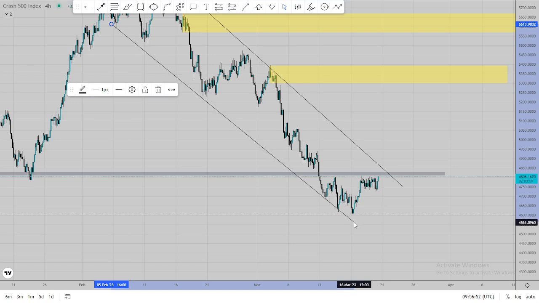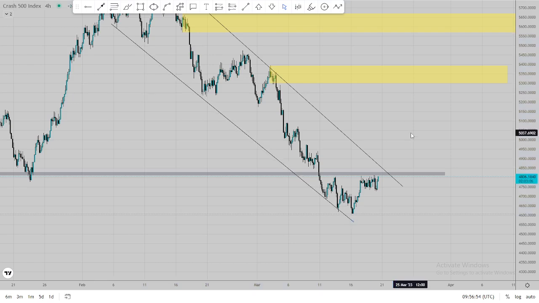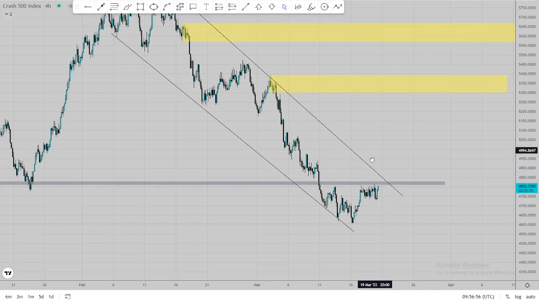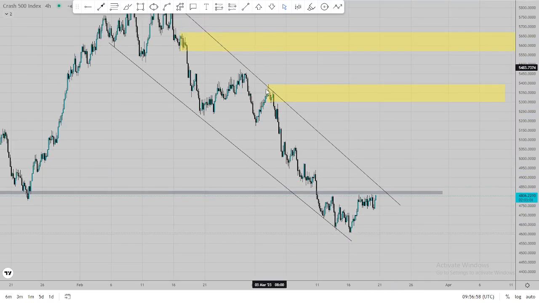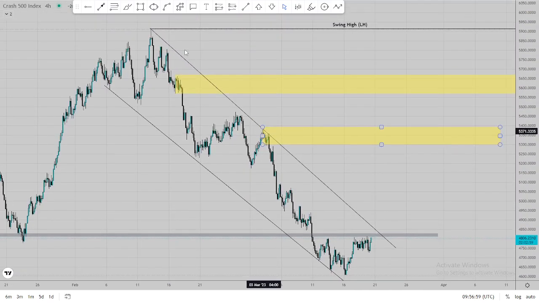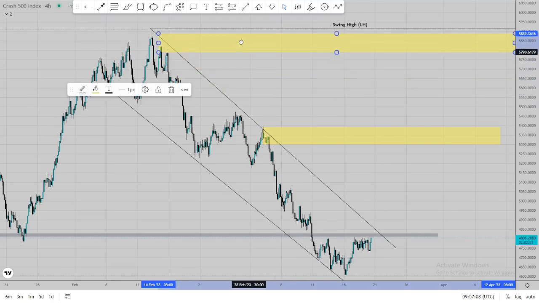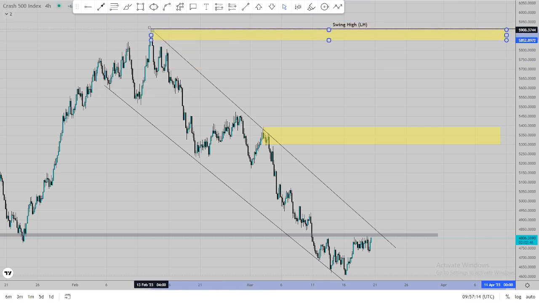So I hope you are going to watch the video up until the end so that you see where exactly I'm targeting my entry. If you look from the top here, we also have other levels at the top, like this extreme supply zone, which is close to this swing high, right?